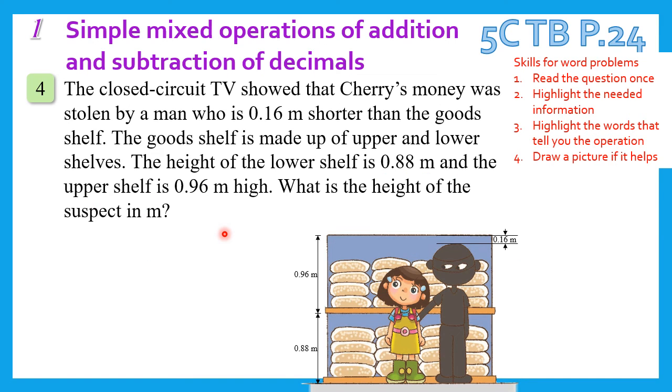Alright, for the next one, question 4 is asking you the height of the suspect in m. So you have to highlight the question, the height of the suspect in m. Then you read the question and circle the needed information.